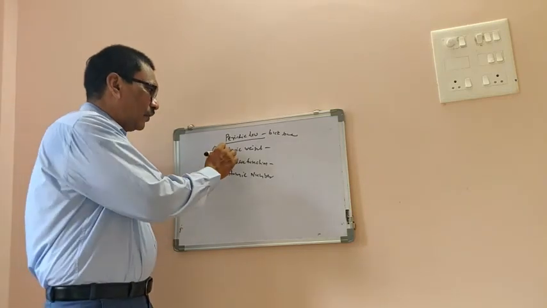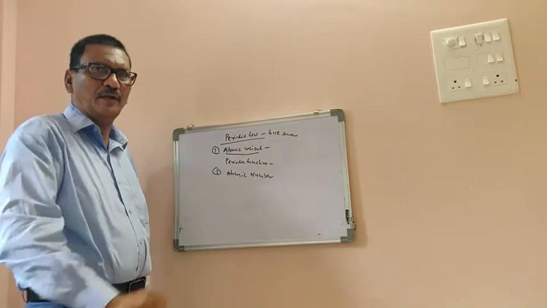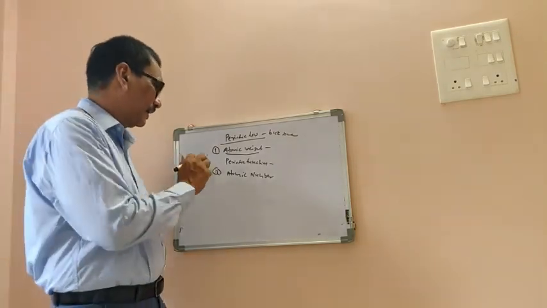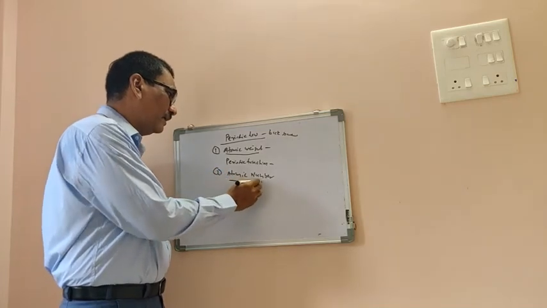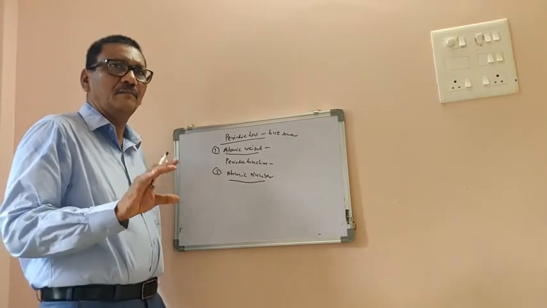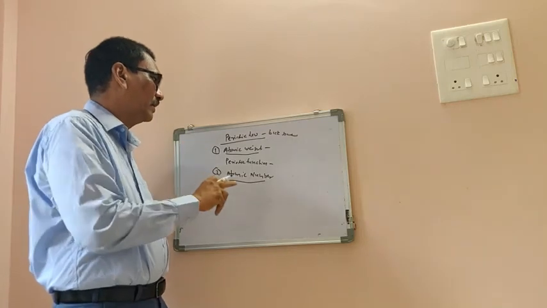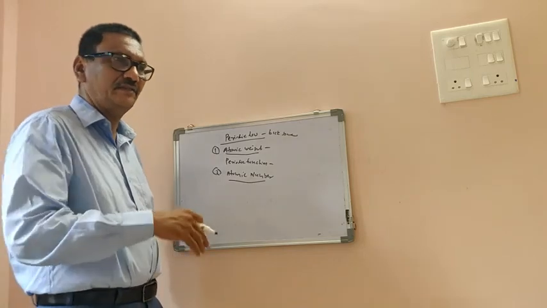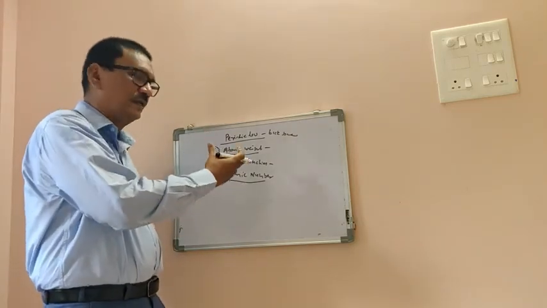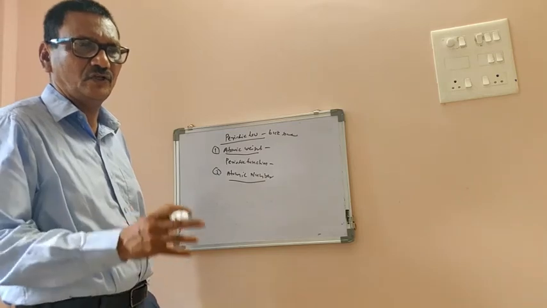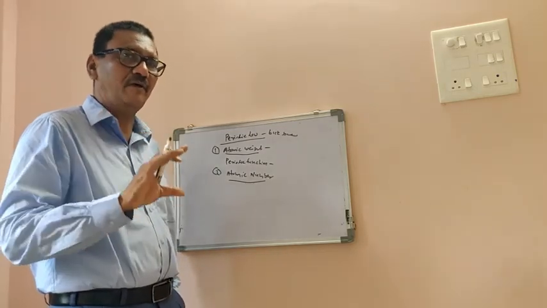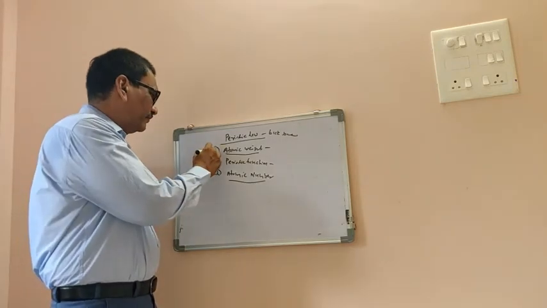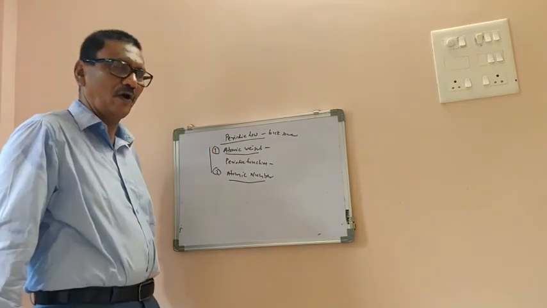And that's why the law based upon the atomic weight was modified and restated: the properties of the chemical elements are the periodic functions of their atomic number, not the atomic weight. Since then the elements were arranged in each group based upon the atomic numbers, not the atomic weight. So these are the two statements of the periodic law.